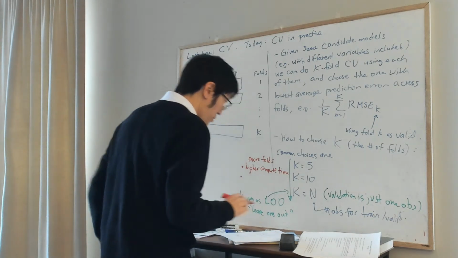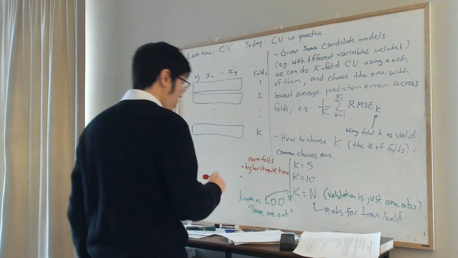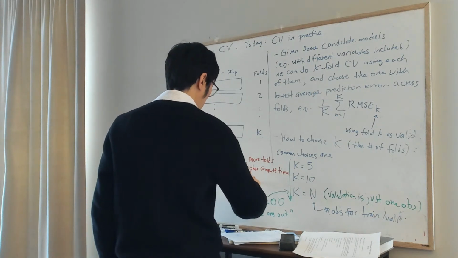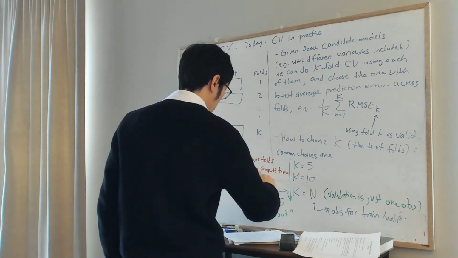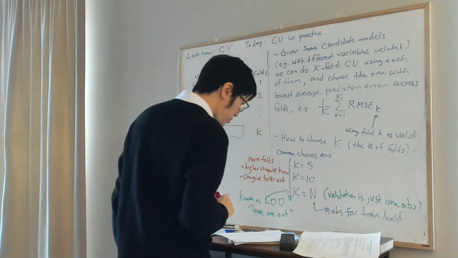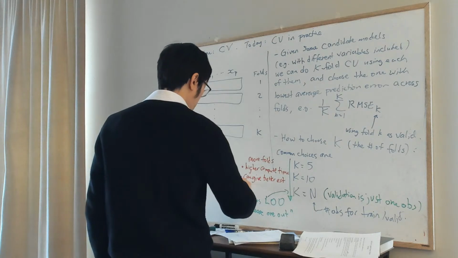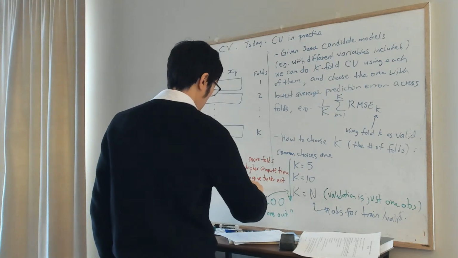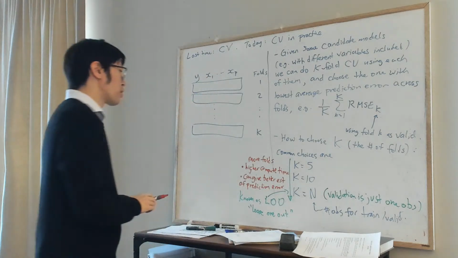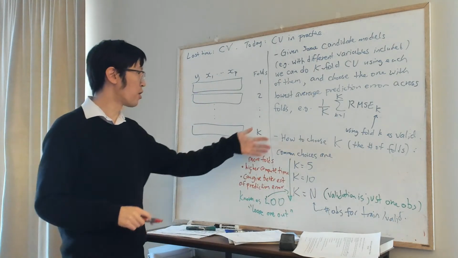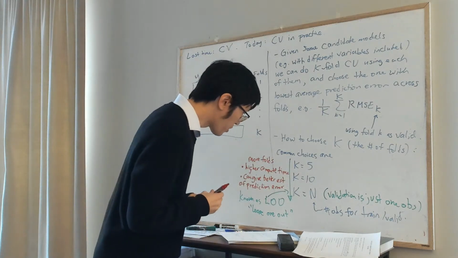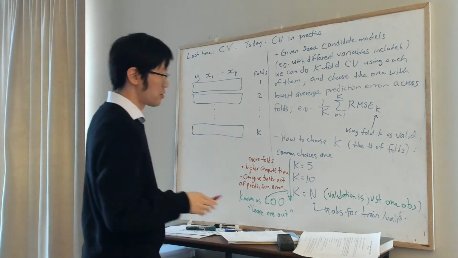So higher compute time, but it can also give a better estimate of what prediction error we will actually get. Okay, so that's a comment about the number of folds. That's one consideration.